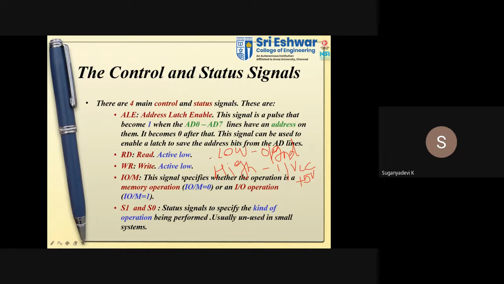So your read and write signals are active low. Low is indicated by a bar over the signal. They will be given like this: RD bar, WR bar, IO/M bar.